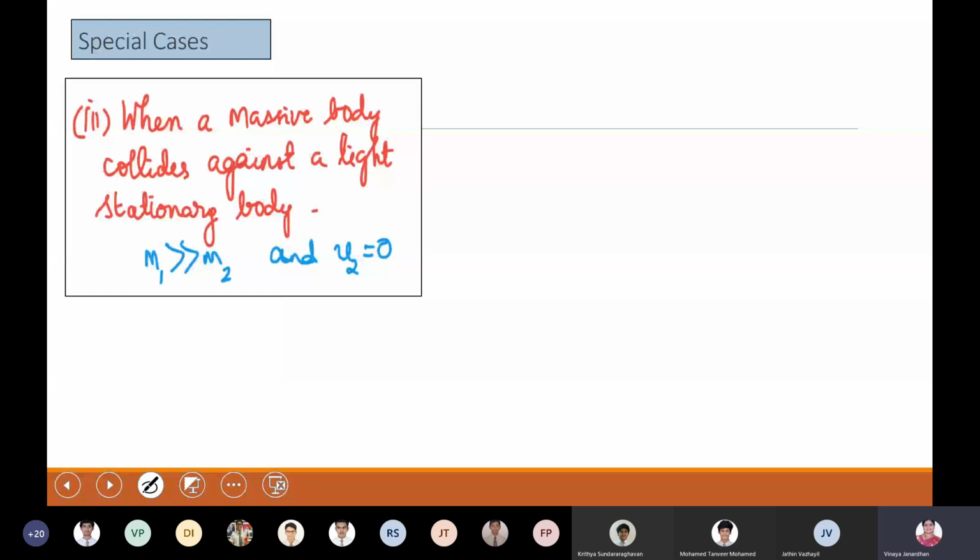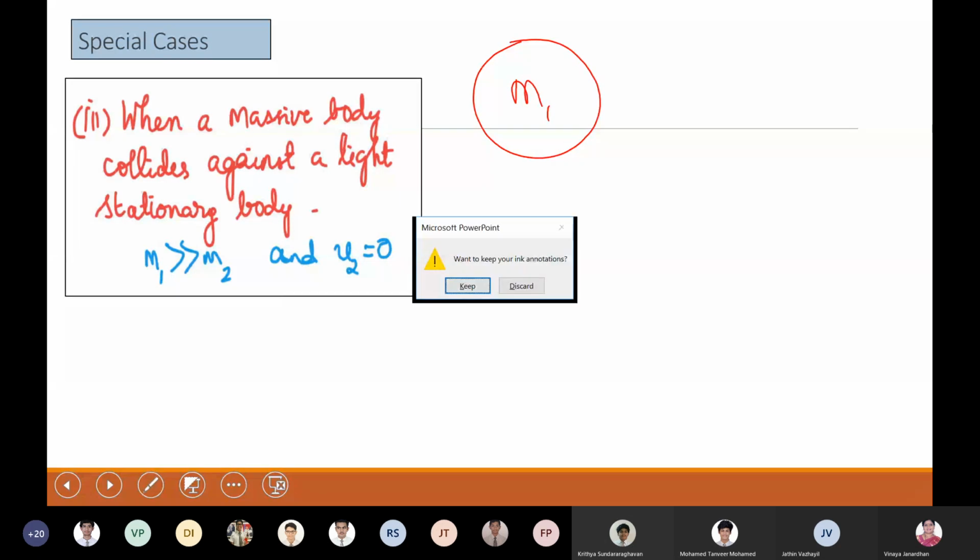When a massive body collides against a, so this is M1.